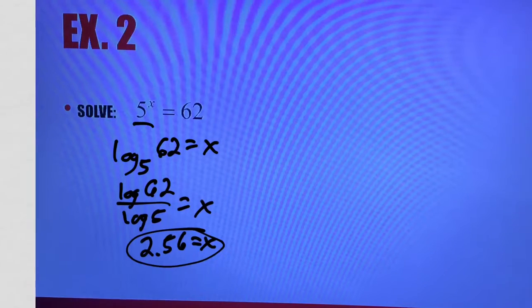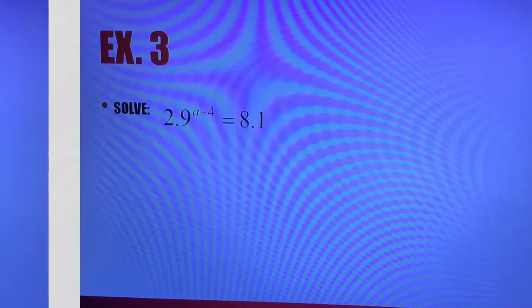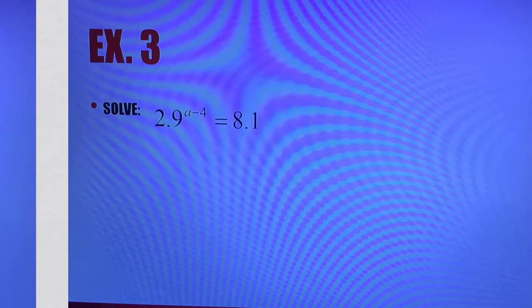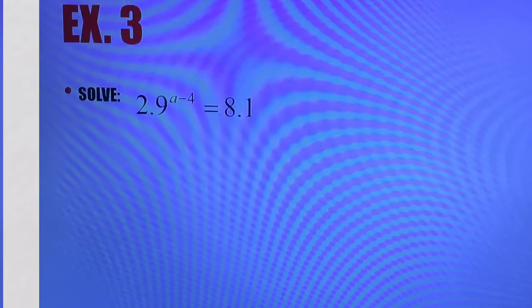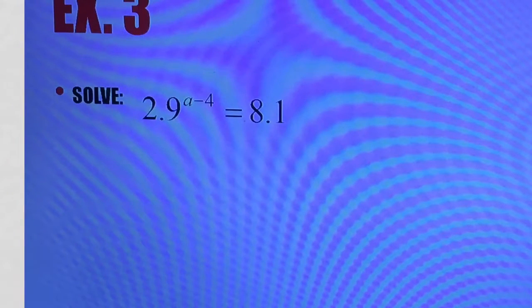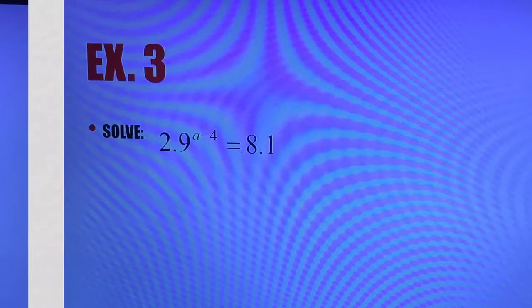Okay, next. This one, if you notice, I have an actual expression up in the exponent. But the exponential is by itself because the only operation there is up in the exponent.